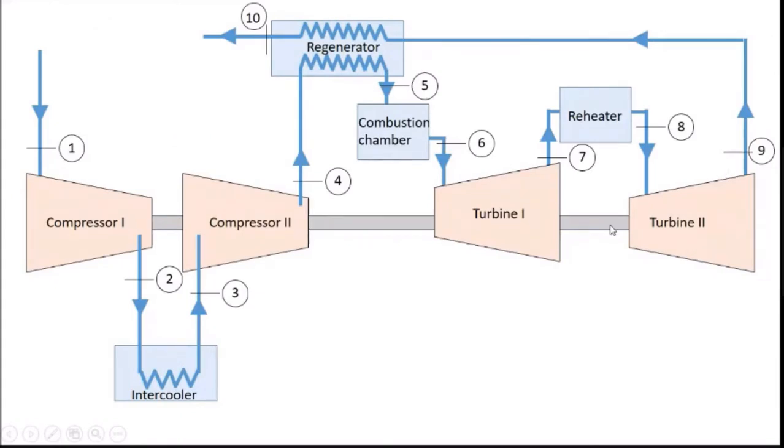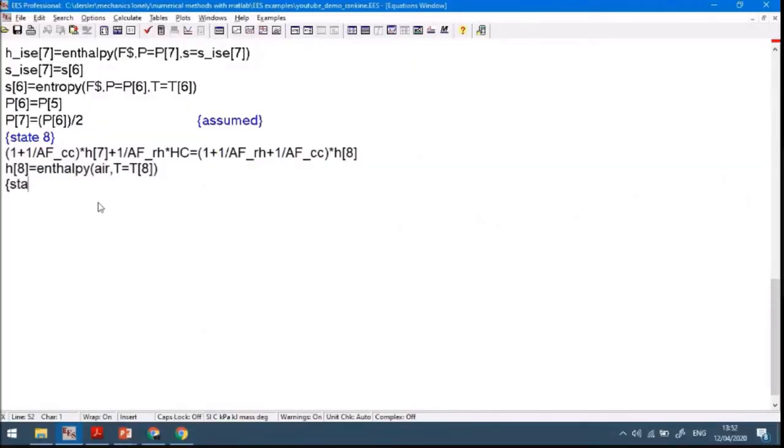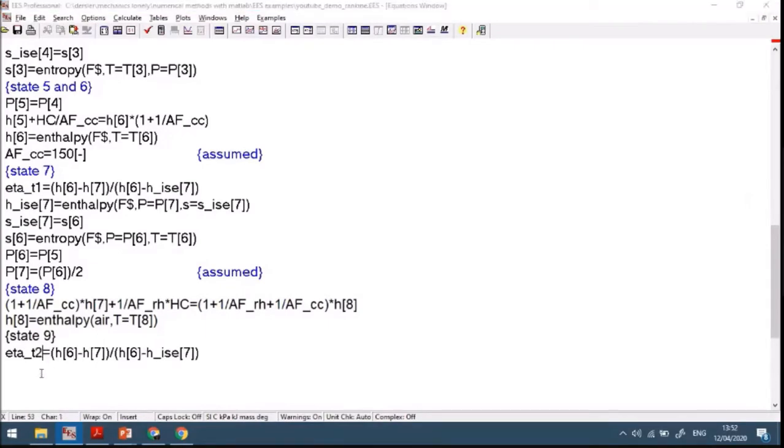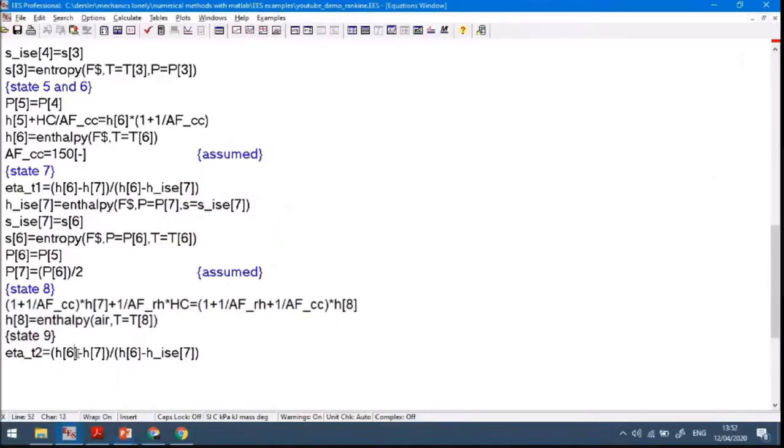Again, we will do the energy balance for turbine 2, which is the same as turbine 1. So let's go back to state 9, and I will write here the same energy balance. Eta of turbine 2 will be equal to the enthalpy difference of 8 and 9.